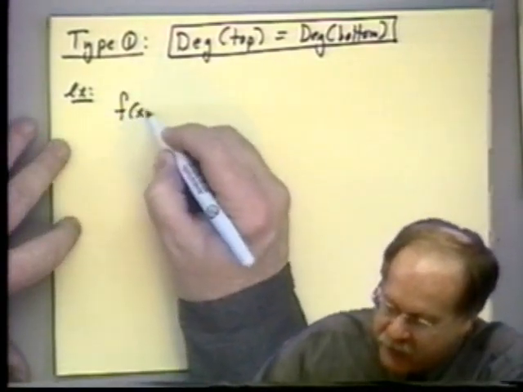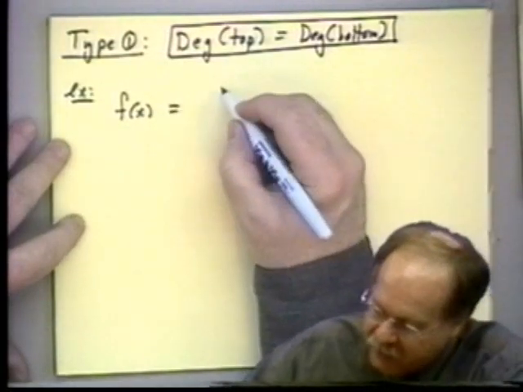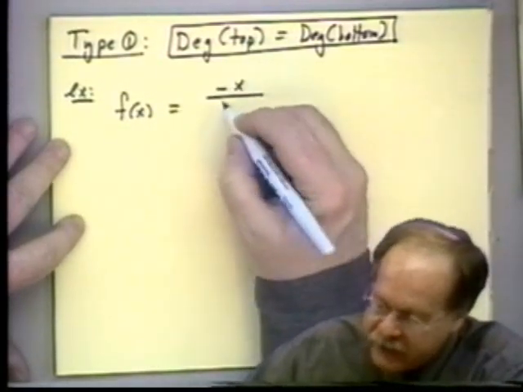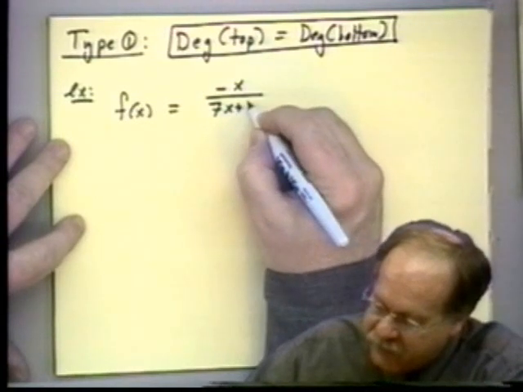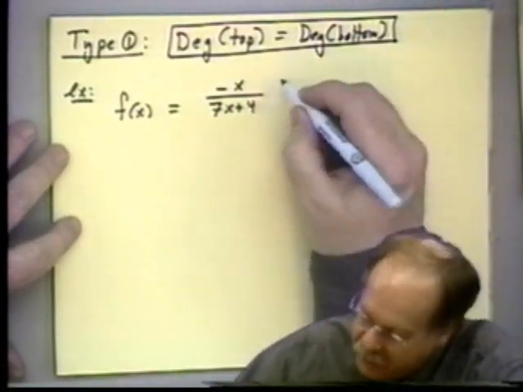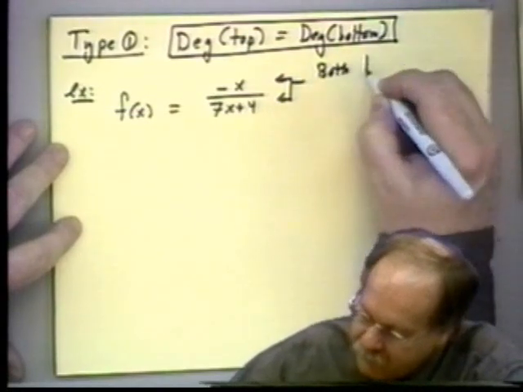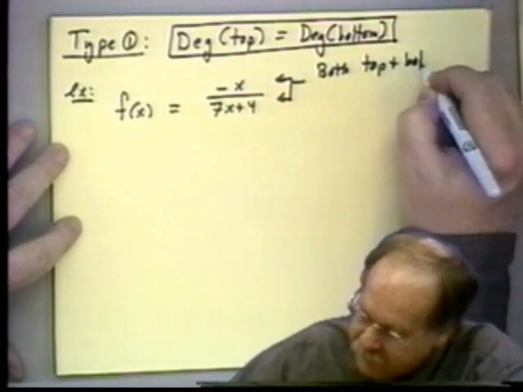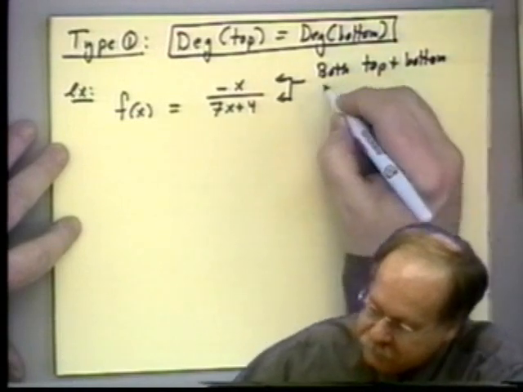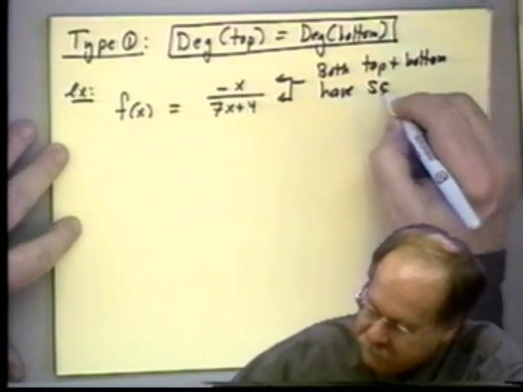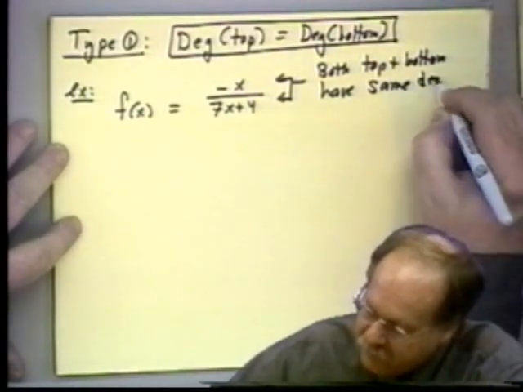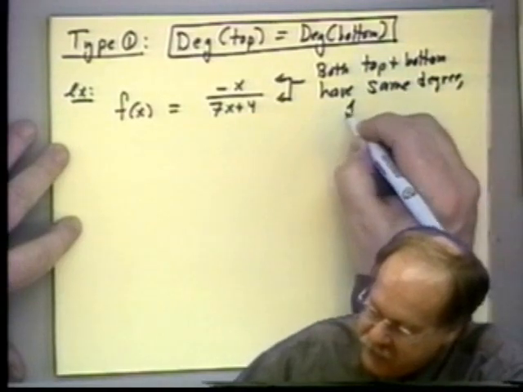So let's, for this one, take an example. f of x equals the following function: minus x over 7x plus 4. Now, notice that both top and bottom have the same degree. And in this case, that degree is 1.